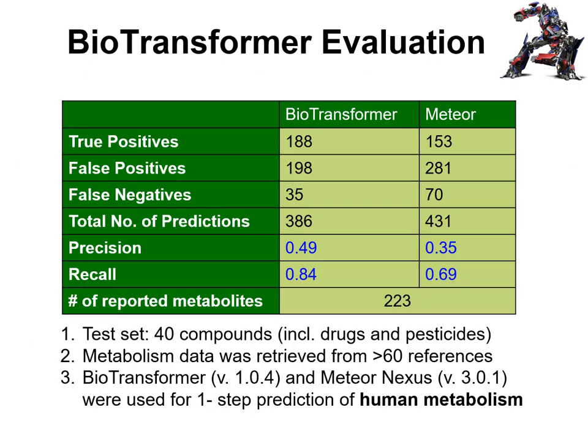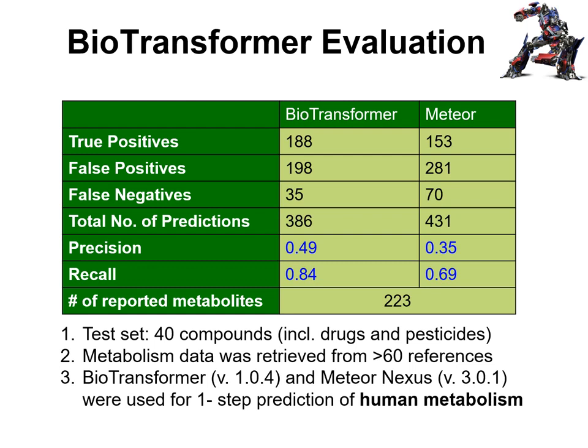Now, what we wanted to do was assess BioTransformer, because it's fine and dandy if you can generate structures, but are these actually accurate? And so we ran a bunch of different tests for BioTransformer, comparing it to other tools, for instance, Meteor Nexus, which is considered the gold standard. And this is just simply illustrating what we took for 40 compounds, drugs and pesticides for which Meteor Nexus had been specially trained, and applied those same things to BioTransformer.